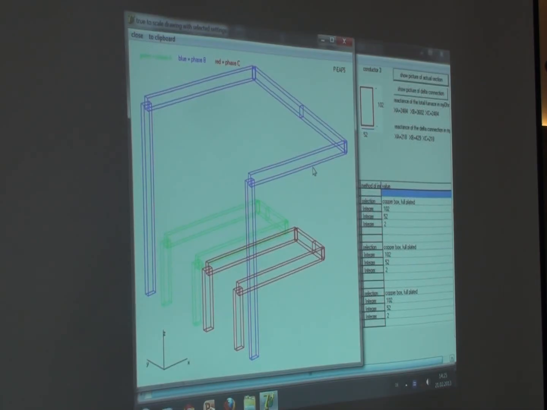I do not know if the transformer companies like this, if you are responsible for this part and they are not responsible. And if there are too much currents in this, it is not easy to understand.